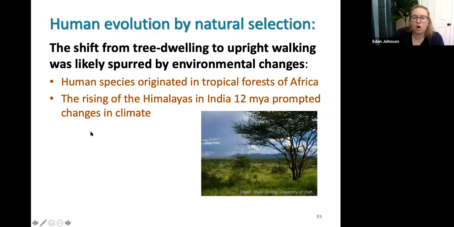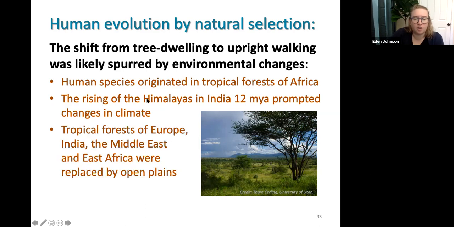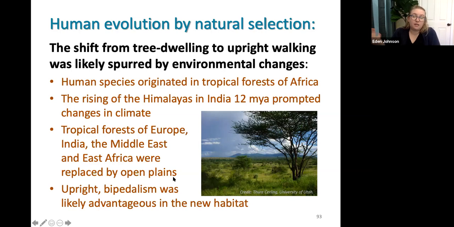You had all of these changes in climate, tropical forests replaced by open plains. That means likely what happened is that if you've got open plains now, upright bipedalism was probably a really advantageous trait to have, able to reach more, able to see further, etc.